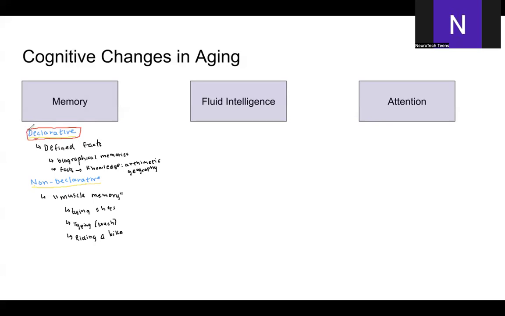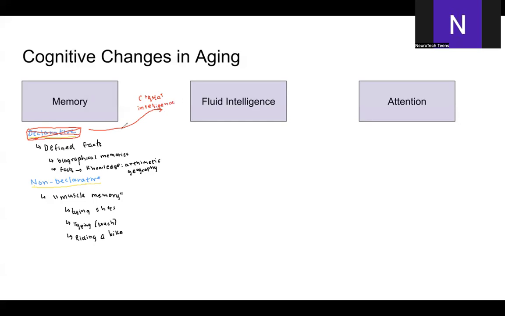Declarative memory refers to a type of intelligence known as crystallized intelligence, which is the opposite of fluid intelligence, right? Your crystal memory, I'll just write it so it's not confusing. Crystal, which is declared in facts, right?